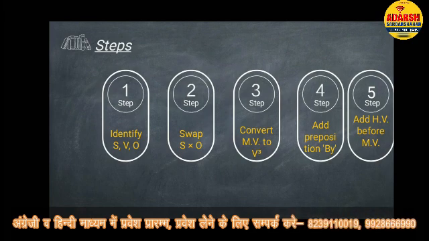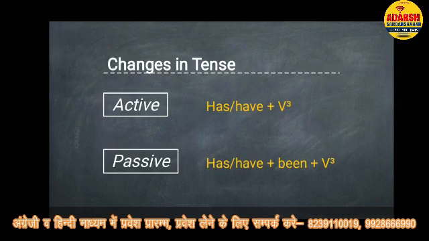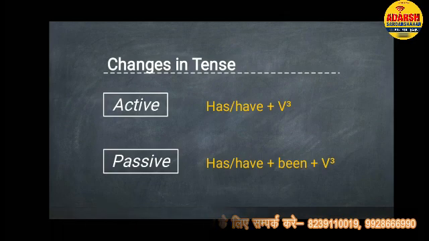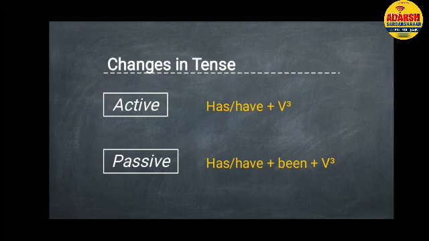So here, let us start with the changes in the tense. Here we are studying present perfect tense. We are going to discuss the helping verb of present perfect tense in active voice and in passive voice.